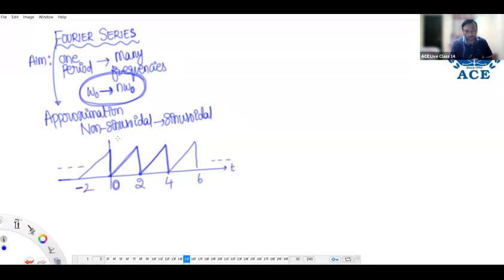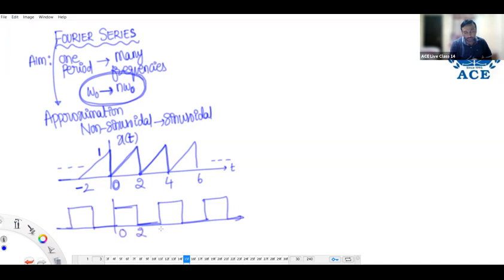Suppose you have taken this signal, it is periodic but non-sinusoid. Another signal like this is also periodic, but again non-sinusoid. We want to approximate these non-sinusoids in the form of sine and cos, such that transmission becomes easy.